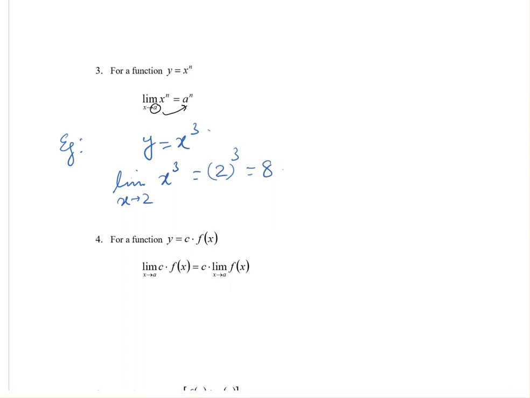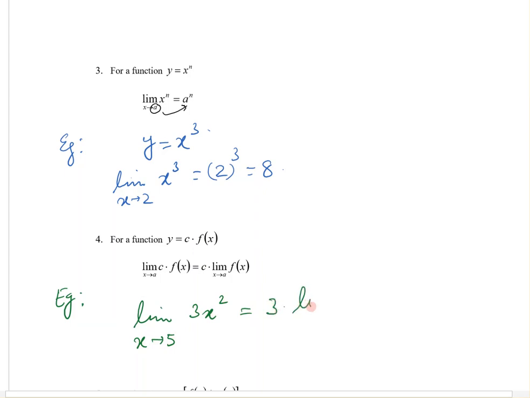The next rule is if you have a constant multiplied by a function, you can take the constant outside the limit and then just take the limit of the function. For example, if we have the limit x approaching 5 of 3x squared, 3 is independent of x.